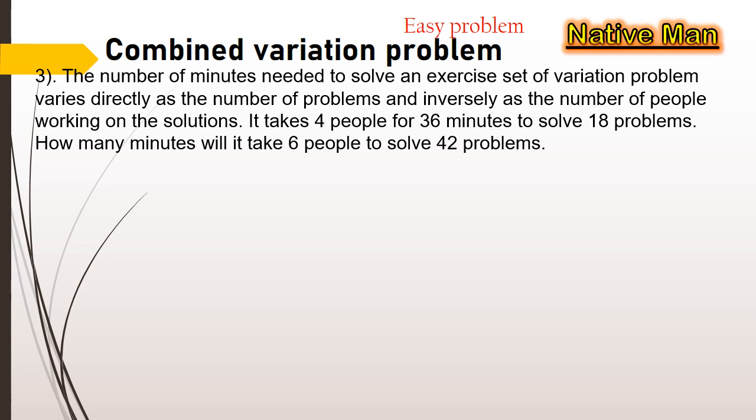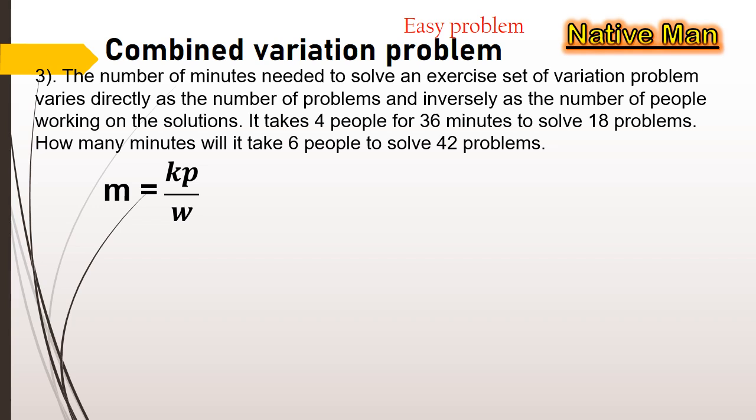So, the number of minutes, M. Needed to solve an exercise set of variation problem varies directly as the number of problems rather. So, problem is P. So, KP kasi directly, or varies directly. And inversely, as the number of people working on the solution.